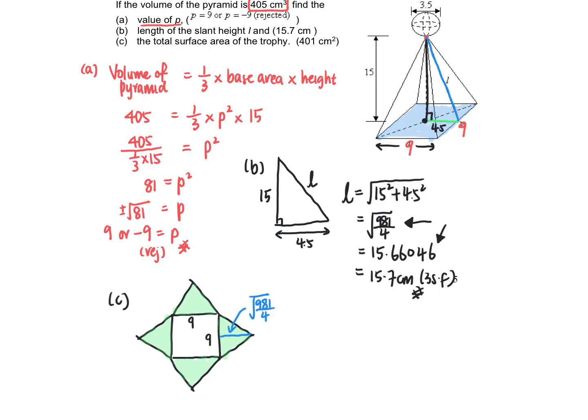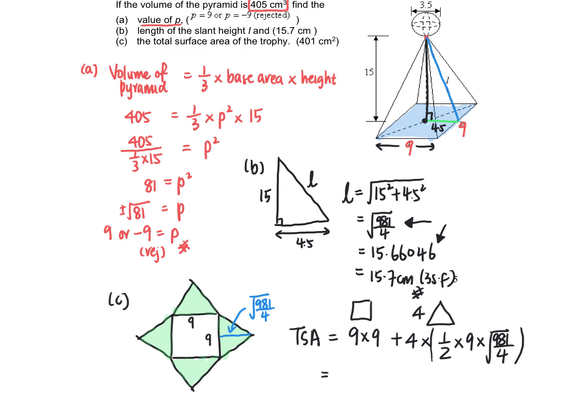Or you can write 15.66046. Okay, but use the more accurate one. Okay, so in order to find the total surface area, I need to add the square to the 4 triangles. So 4 times half times base times the height. Okay, so this is the 4 triangle that I have.